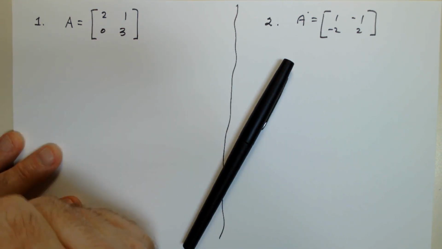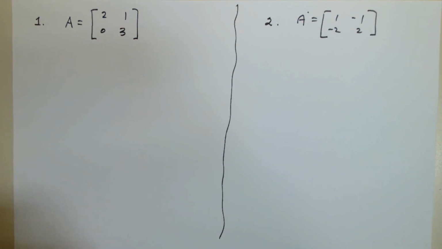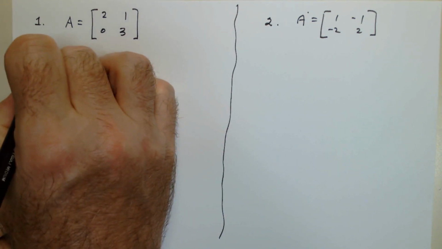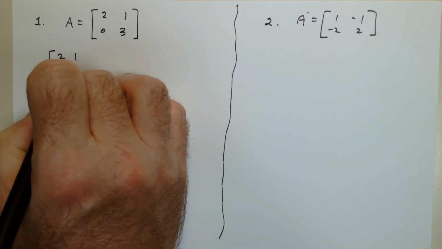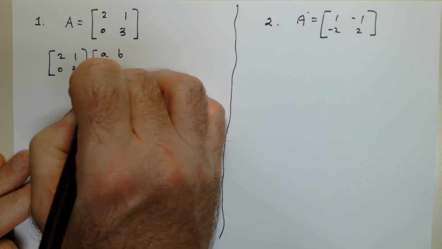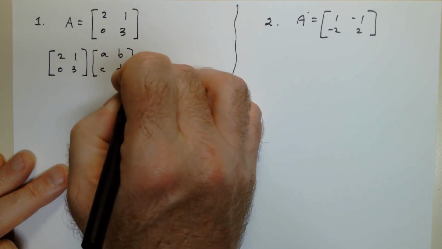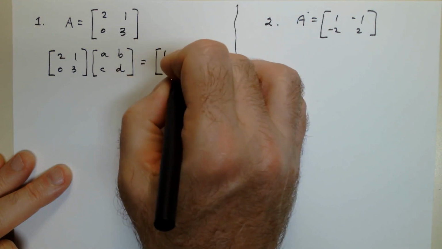If I'm successful in doing that, I'll flip it around and see if it also multiplies correctly on the left. So I'm just going to pick one side. I'm going to pick the right, and I'm going to see, can I find a matrix? Let's say its entries are A, B, C, and D. So when I do this multiplication, I get the identity matrix.